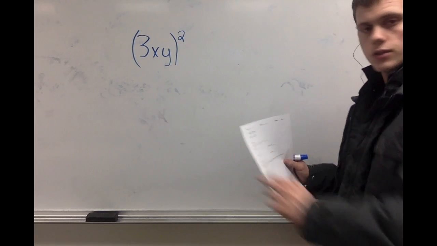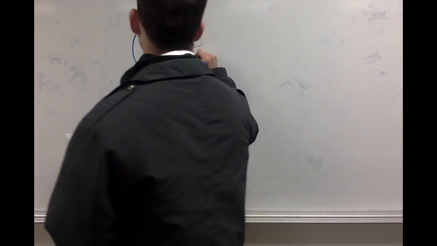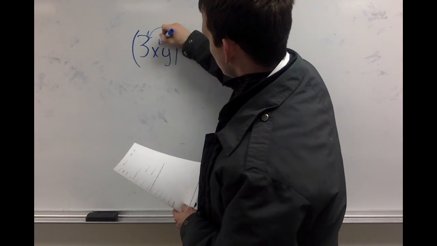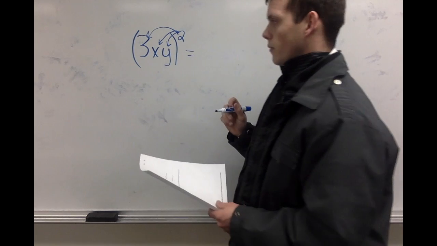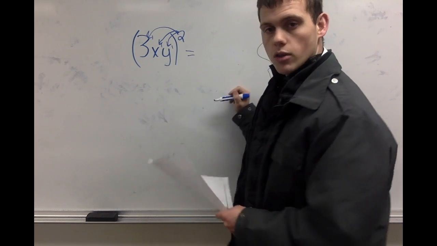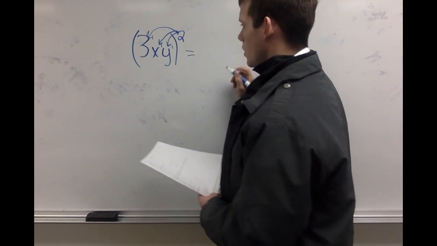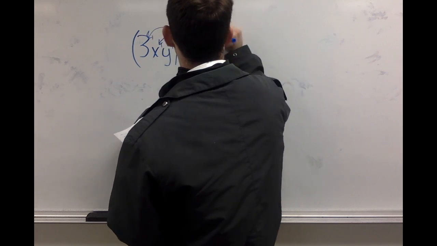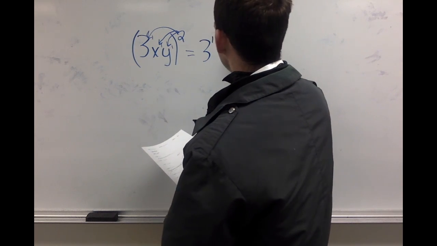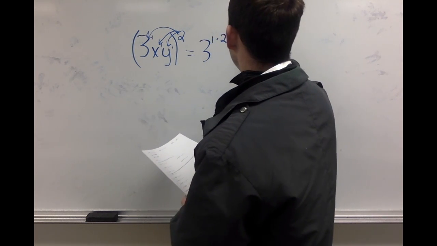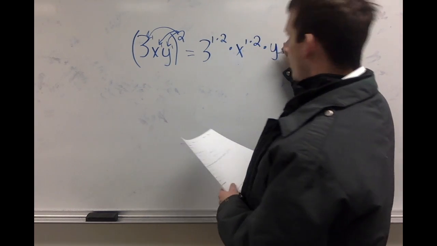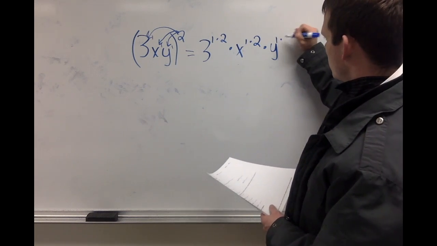Our next problem follows the same strategy. So we distribute that 2 to all parts inside the parentheses. And all of these have those exponents of 1. So we have 3 to the 1 times 2, times x to the 1 times 2, times y to the 1 times 2.